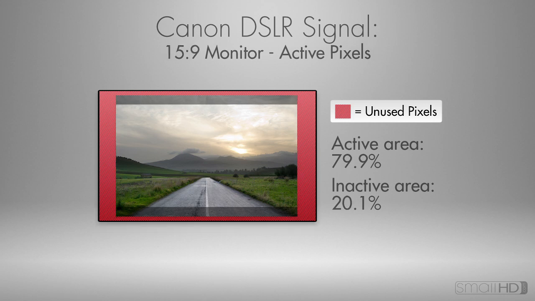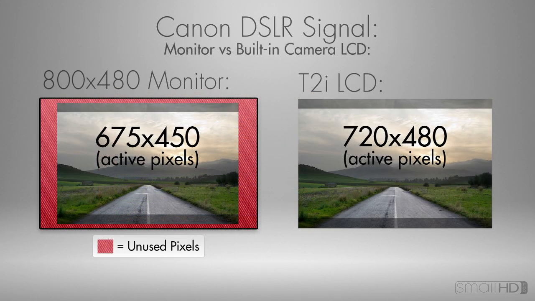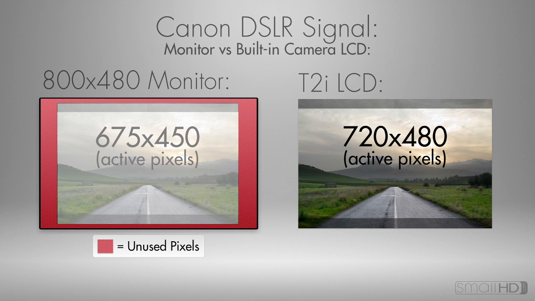A 15:9 monitor, like our old DP1 or a monitor with an 800x480 resolution, will not use 20.1% of its screen. In fact, an 800x480 display will only use a resolution of 675x450 for image.